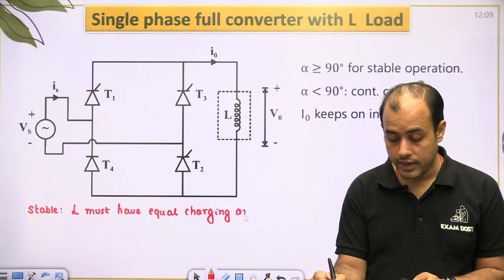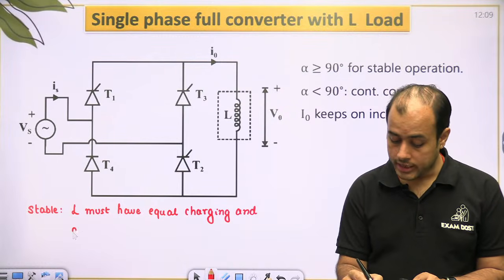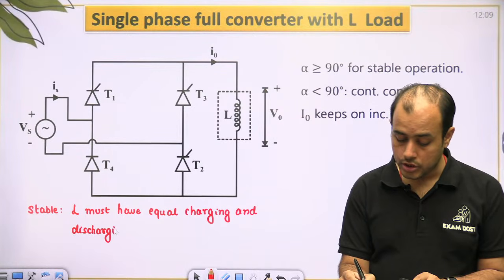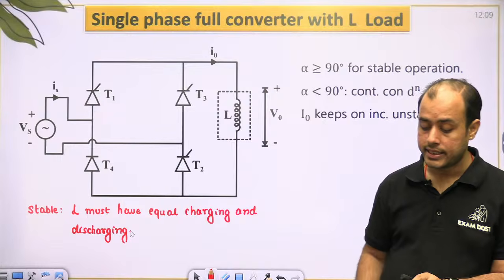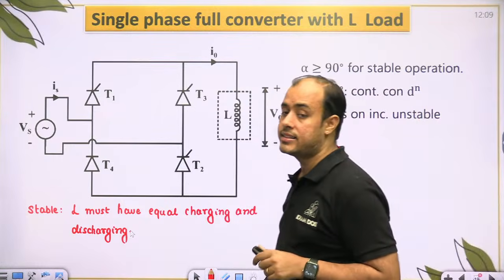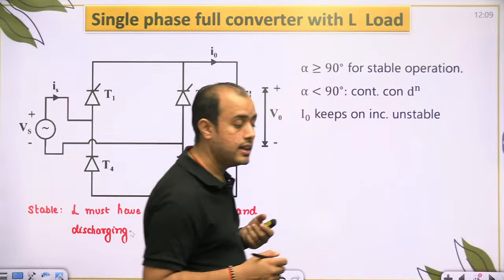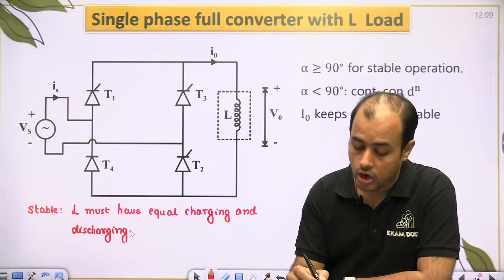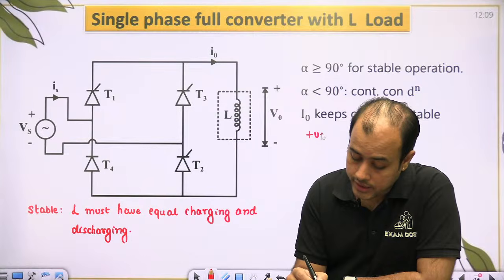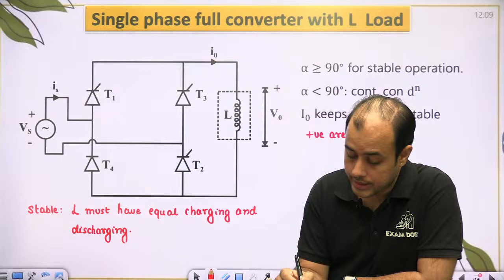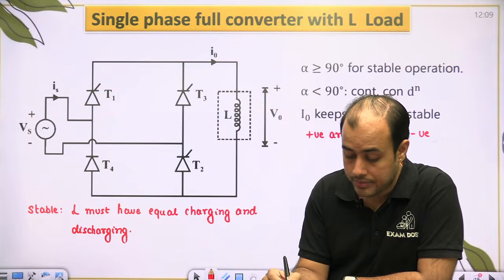So in a full wave rectifier beta, for getting equal charging and discharging, your alpha should be greater than or equal to 90 degree. If alpha is less than 90, the charging is more than discharging. The positive area of V0 is greater than negative area.